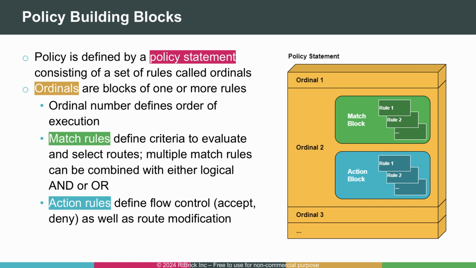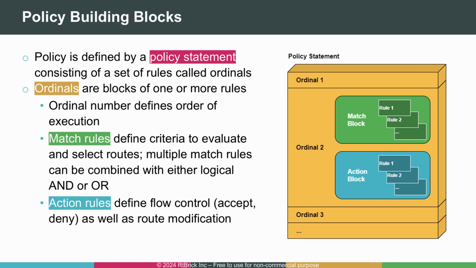The match block specifies the conditions under which the ordinal applies. Multiple match rules can be configured, for instance, prefix filters, BGP attributes, and next hop IP addresses. These conditions can be combined using logical operations to form complex matching criteria. The action block defines the outcome when a match is found. At its simplest, the action may accept or reject a route.